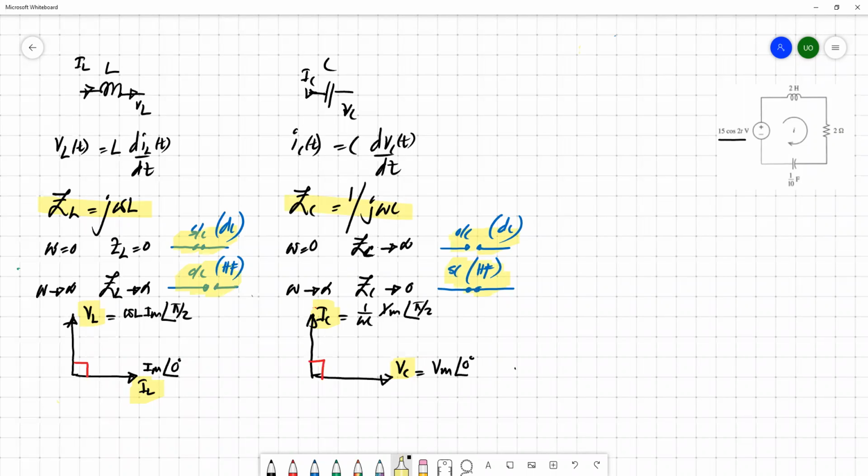If you are working in the phasor domain, you can simply draw the voltage phasor of an inductor like this. Always it leads by 90 degrees. And for a capacitor in the phasor domain, your current always leads the voltage by 90 degrees. So this is the simple summary.